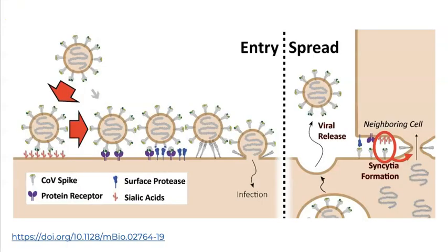So this diagram gives you an overview of how SARS-CoV-2 infects and what needs to happen for it to efficiently transmit. The virus, as you can see here, touches down and initially looks like it binds to high levels of sialic acid, these sugar groups that are on the surface of most cells of our body.